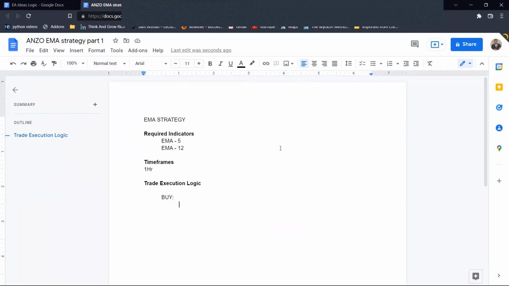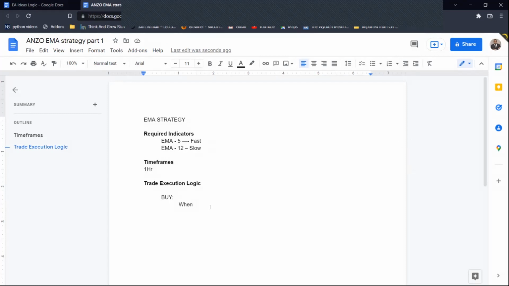So we're going to make this easy for us: we'll refer to the 5-period moving average as fast, and we'll refer to the 12-period moving average as slow. So whenever you hear me say slow, you know I'm referring to the 12-period. Whenever you hear me say fast, I'm referring to the 5-period moving average.